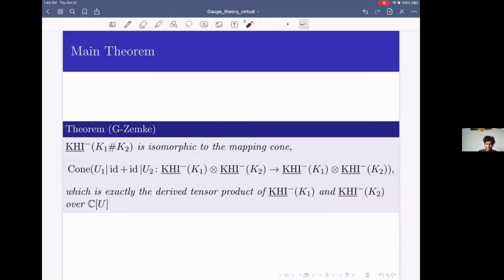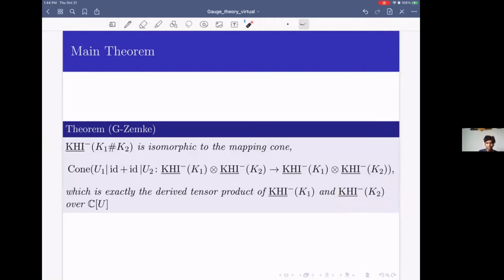Before I talk about the proof, let me say why this formula is not surprising. In Heegaard Floer theory, we know that the connected sum has a chain complex, which is the tensor product of the chain complexes for K1 and K2. But when you take homology, it does not behave so nicely. There is always a Tor functor in the Künneth formula.